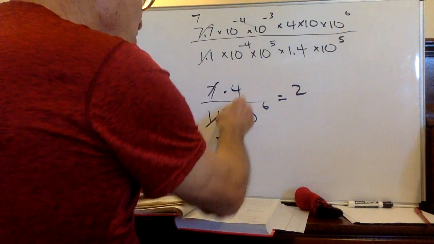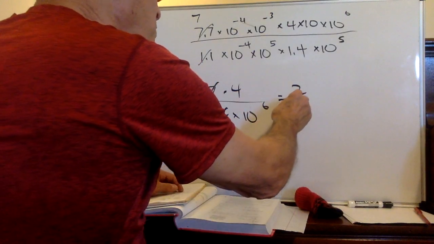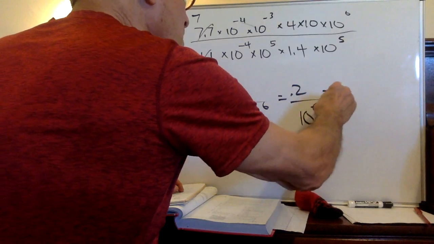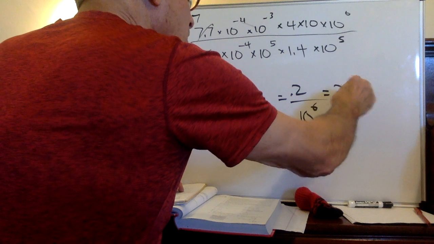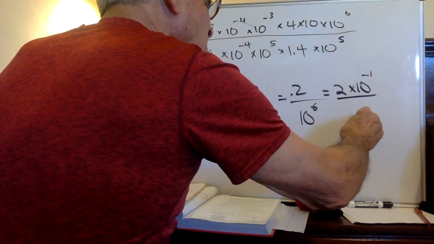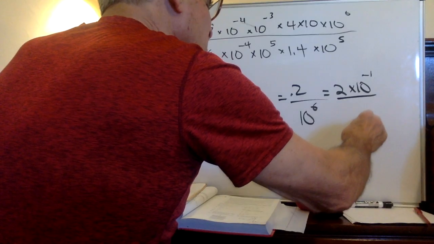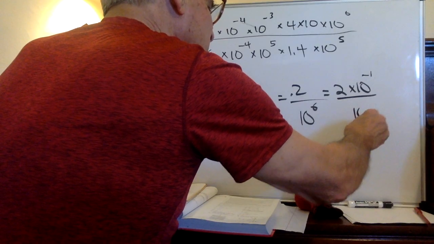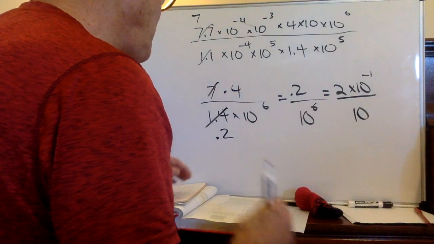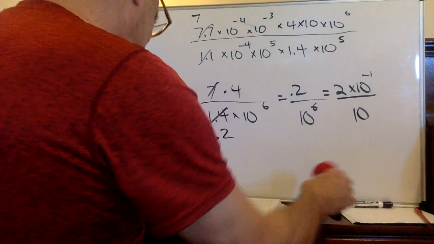Okay. 0.2 goes into 0.4 0.2 times. Over 10 to... Wait a minute. All right, I messed this whole thing up.